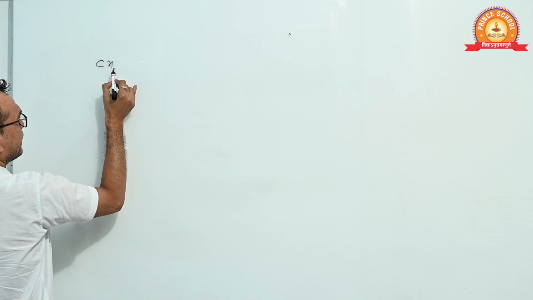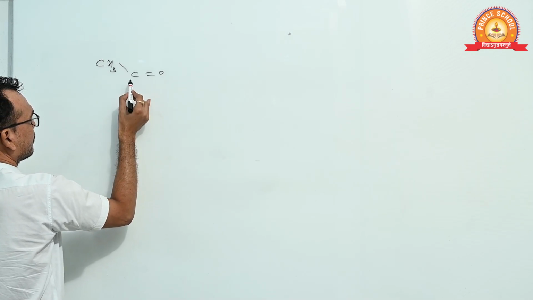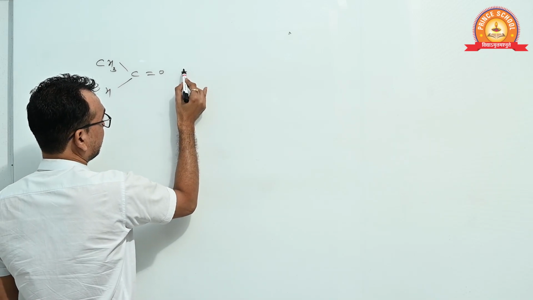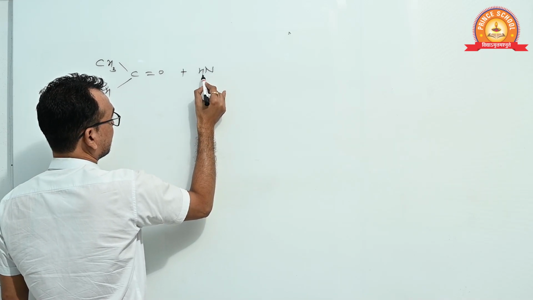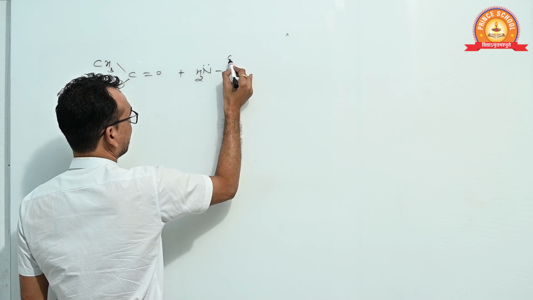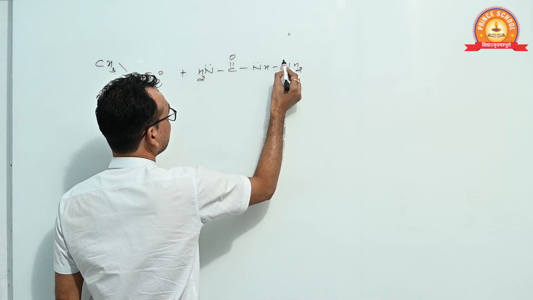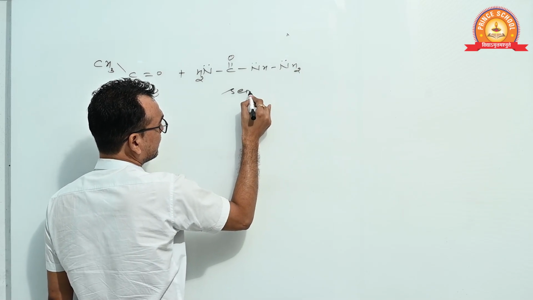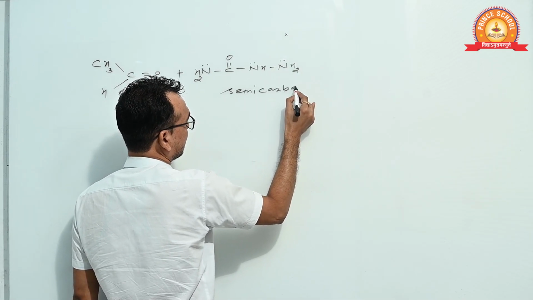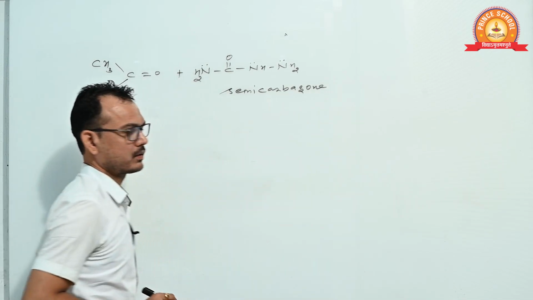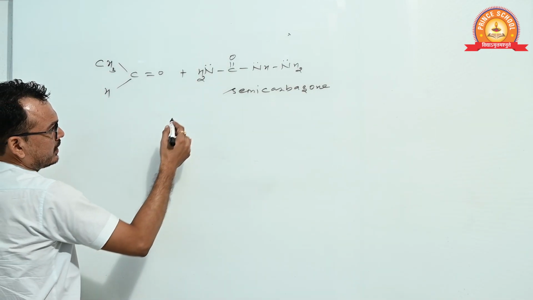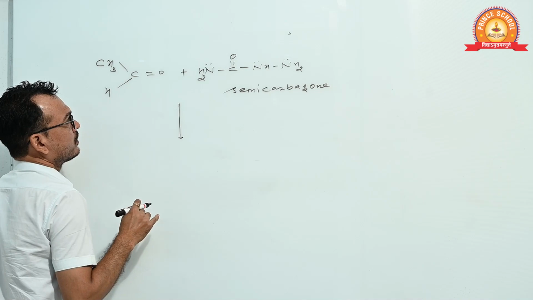Suppose the examiner gives us C double bond O plus NH2 NH C double bond O NH2. Clear? This is the semicarbazide. Then what happened in this reaction?